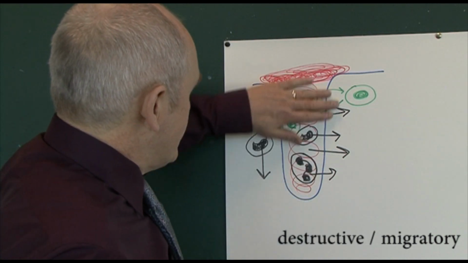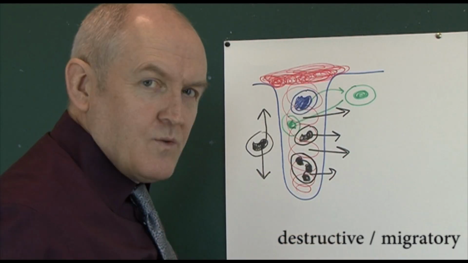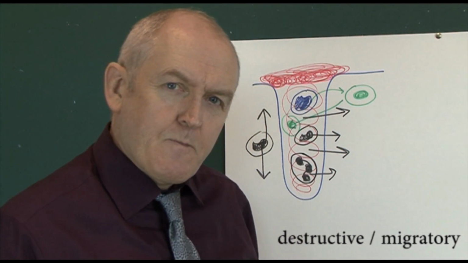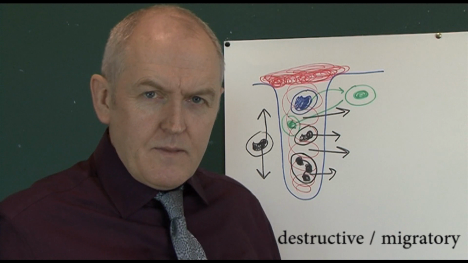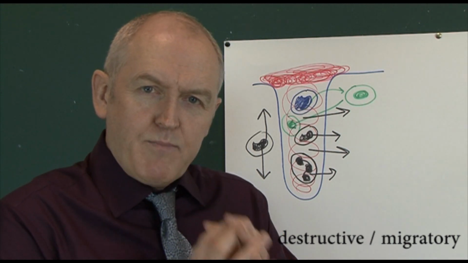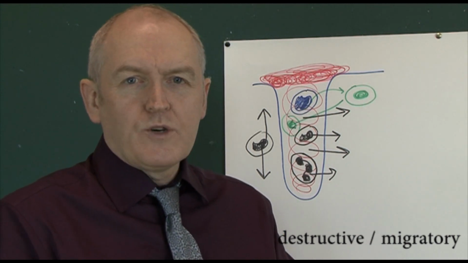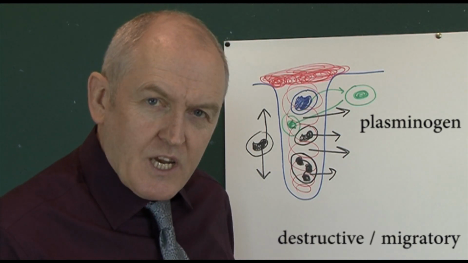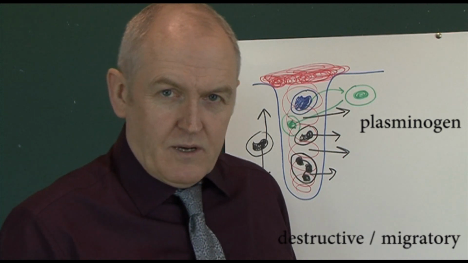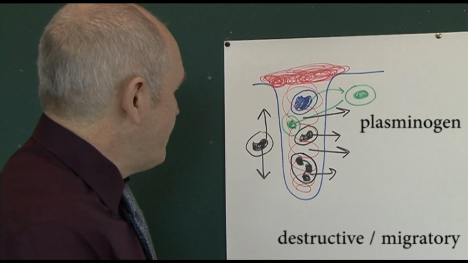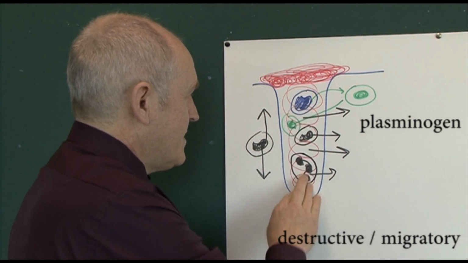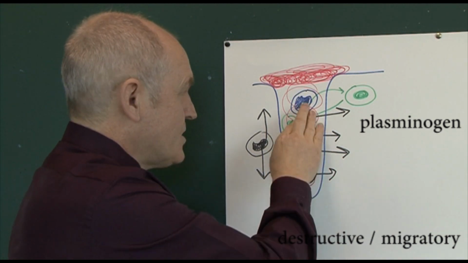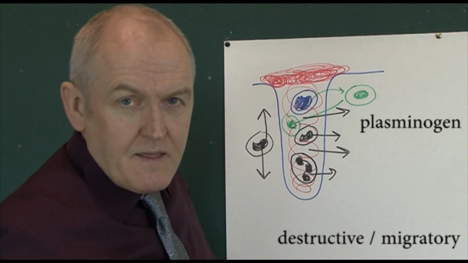And also during this stage, the blood clot will start to be removed from the wound. Now, in the blood, there is a plasma protein called plasminogen. Plasminogen is a soluble protein in the blood. So when we get a blood clot, now the blood has escaped from the blood vessels, there's still going to be plasminogen in that blood clot.